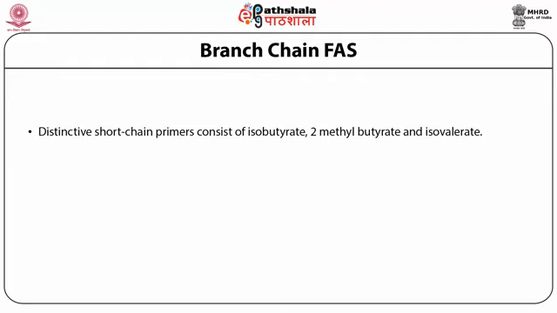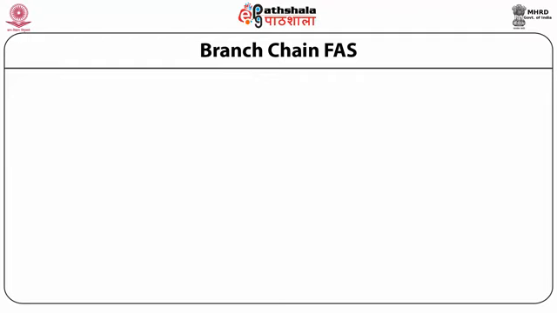Distinctive short chain primers consist of isobutyrate, 2-methylbutyrate, and isovalerate.